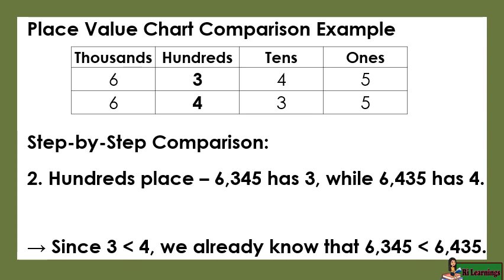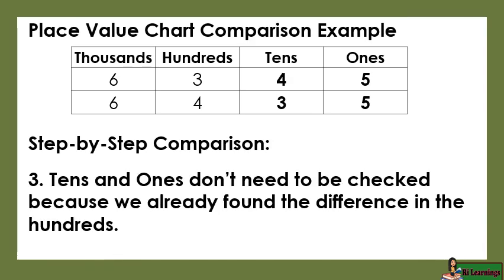Since 3 is less than 4, we already know that 6,345 is less than 6,435. 3. Tens and ones don't need to be checked because we already found the difference in the hundreds.